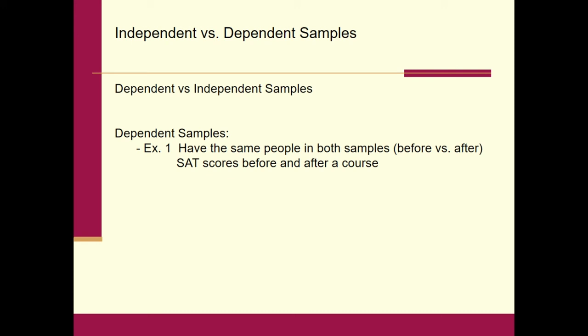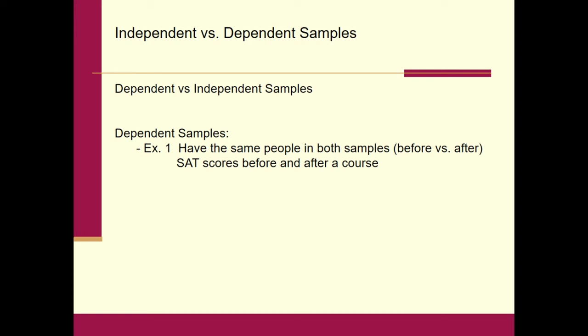So what the students decided to do was take a course. And then after the course, they took the SAT again. And so we have this before and after situation. We have their SAT scores before they took the course, and then we have the SAT scores after they took the course. And so we have the students before, students after as the two populations.